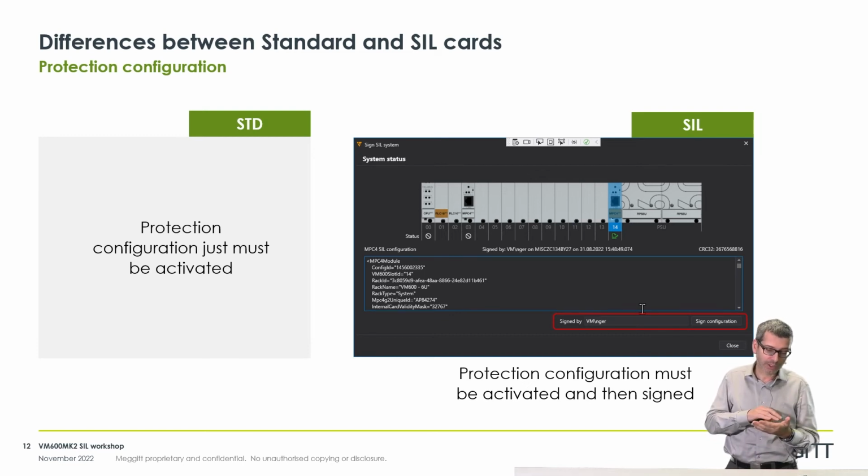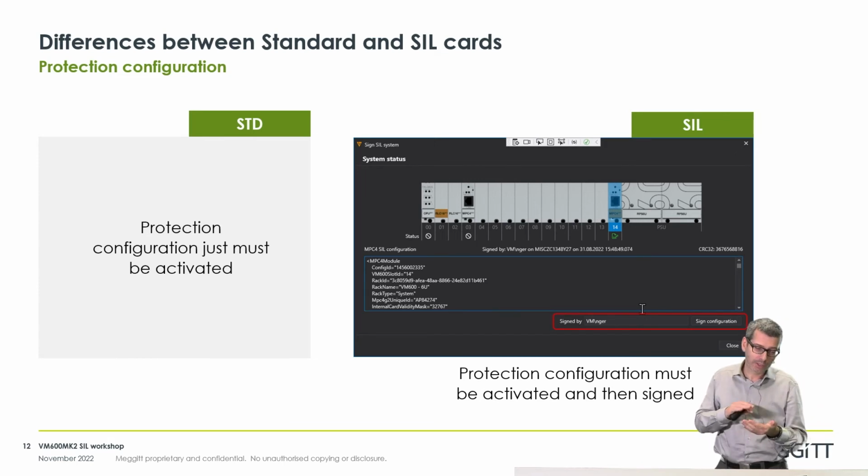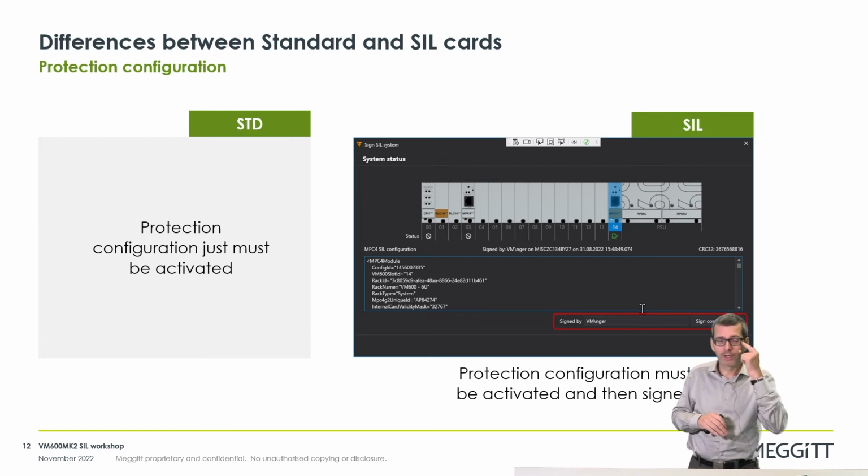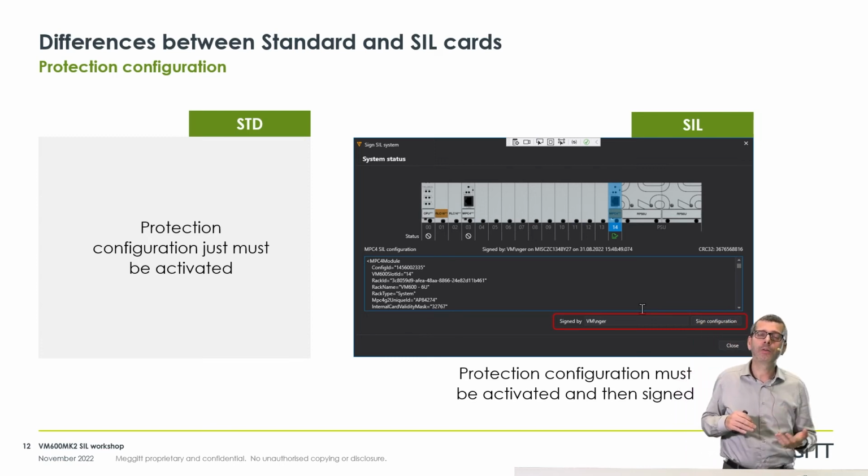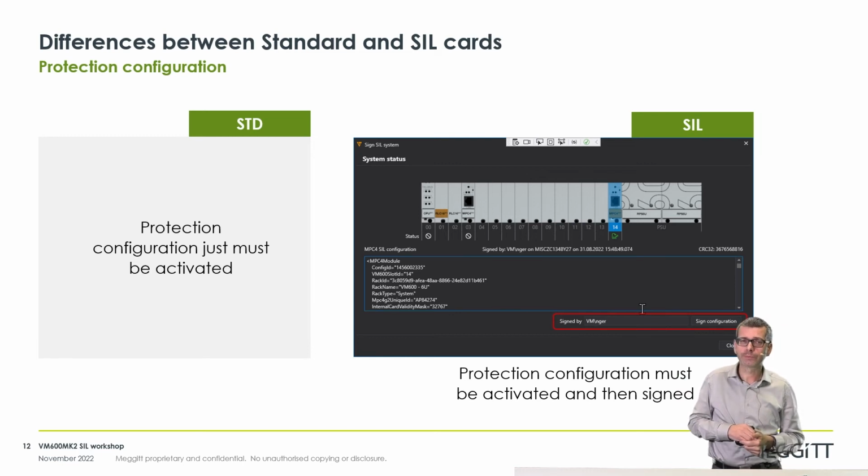Someone has to sign the card, and in the card itself will be recorded the name entered by the person, the name of the computer from which the card was signed, the timestamp with date and time, and the CRC of the protection configuration. All that will be stored on the card.